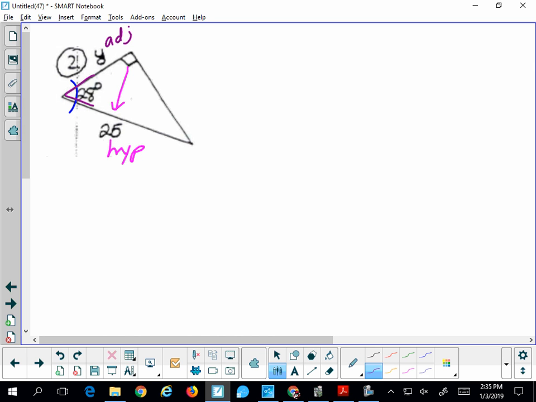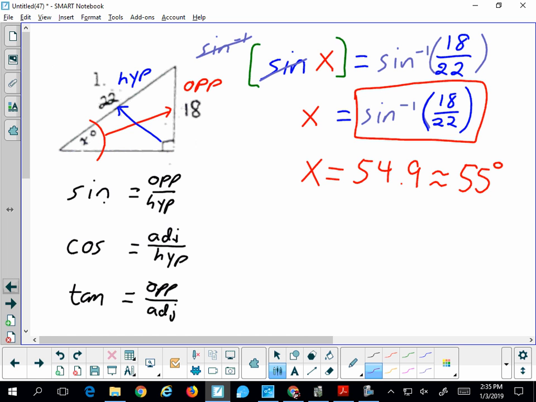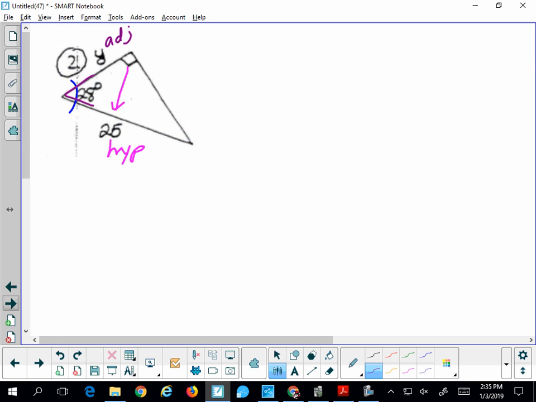So then I need to find the trig function that uses adjacent and hypotenuse. If I go back to my trig functions, adjacent and hypotenuse is given by the cosine function. So that means my equation is going to use cosine.